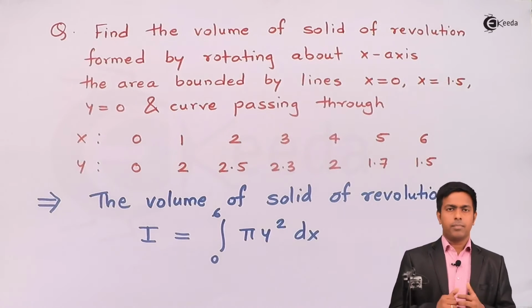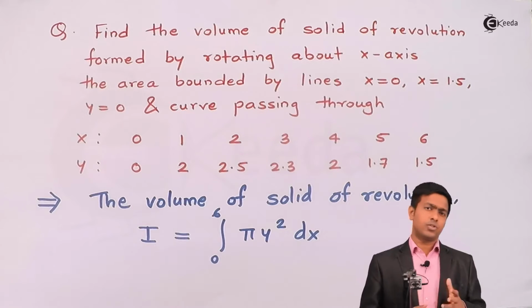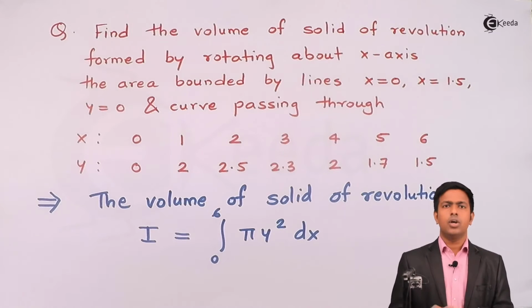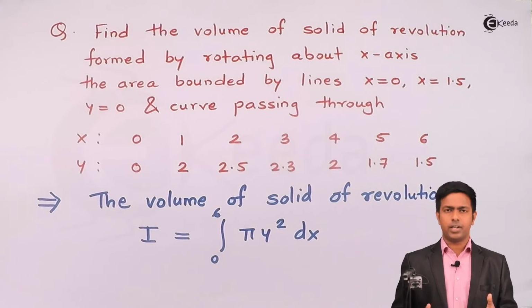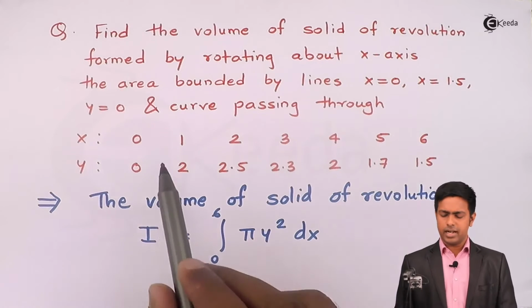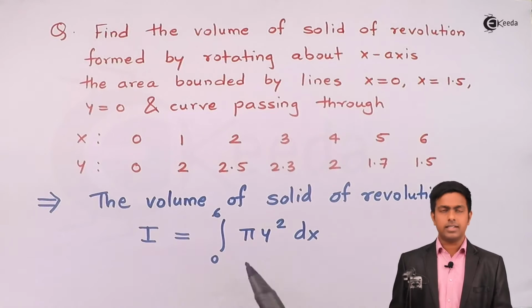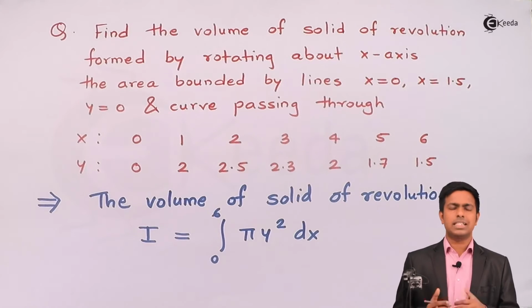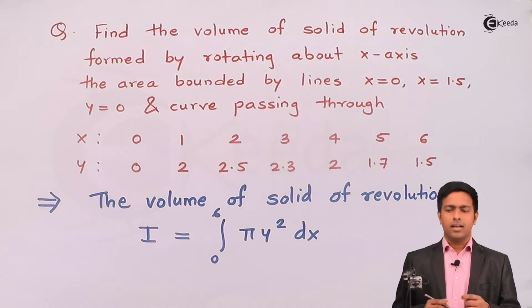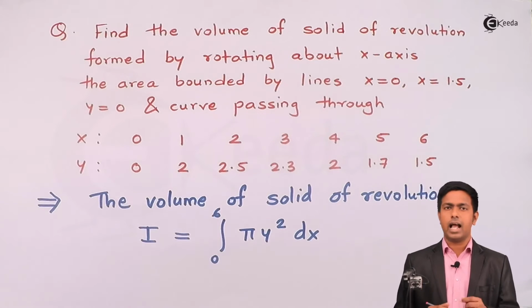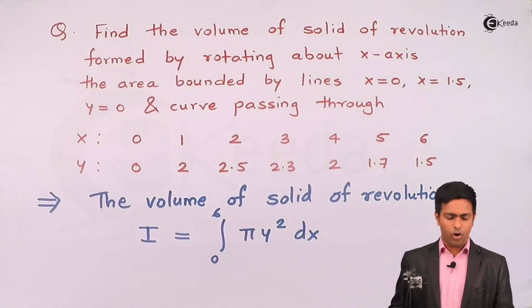Simpson's 3/8 rule is a numerical method to evaluate the integration, and we have to take the subintervals. One good thing is that the subinterval is already given. If I want to solve this integral by using Simpson's 3/8 rule, then I must have the last ordinate as a multiple of 3.